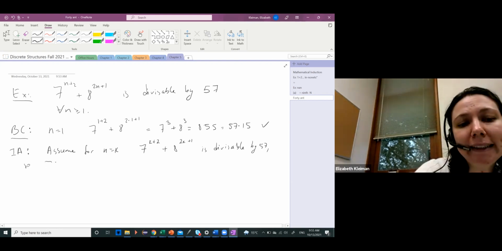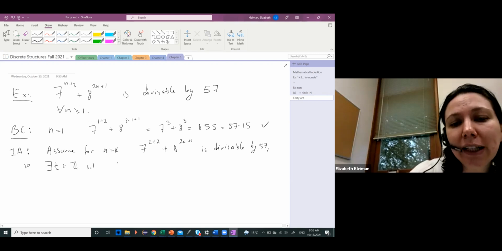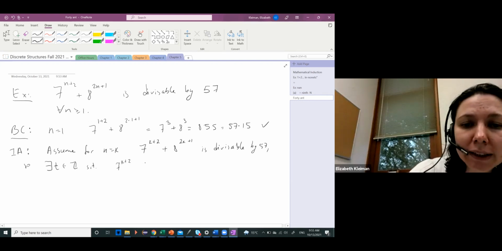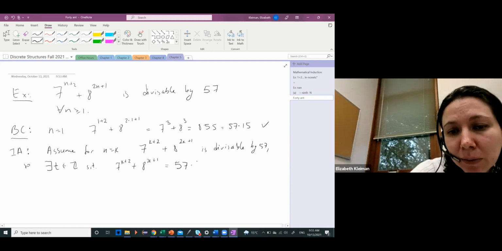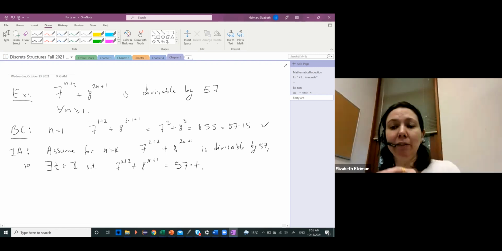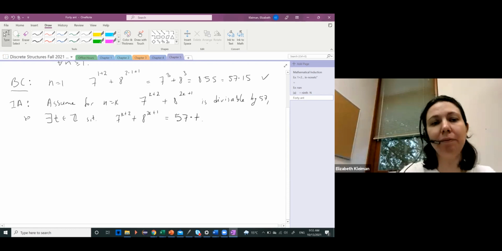So there exists an integer t such that 7 to the power k plus 2 plus 8 to the power 2k plus 1 is equal to 57 multiplied by t. This is again from chapter 4. Remember the divisibility properties, right?